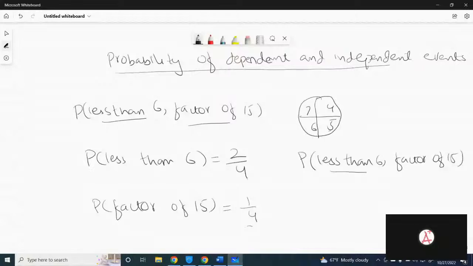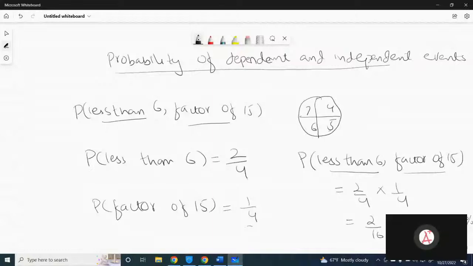The probability for less than 6 is 2 over 4 and for the factor of 15 is 1 over 4. Just multiply both the probabilities. 2 times 1 is 2 and 4 times 4 is 16. So 2 over 16 is 0.125, which makes 12.5%. That means the probability of getting less than 6 and factor of 15 is 12.5%.